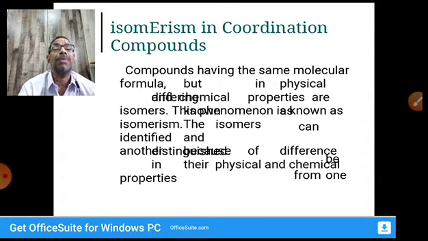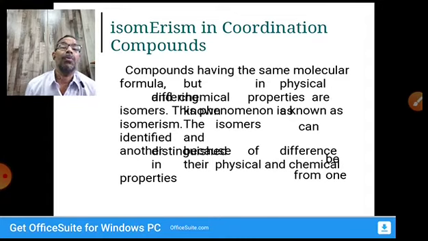The different properties may be chemical or physical or optical, regarding rotation of plane polarized light. So these are isomers. Iso means same: having the same molecular formula, exhibiting different properties.